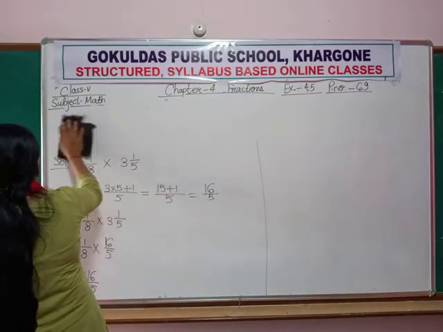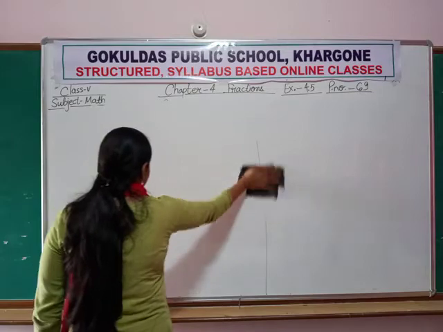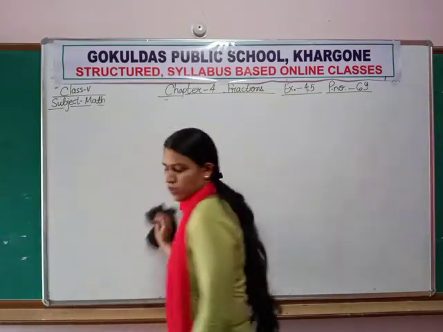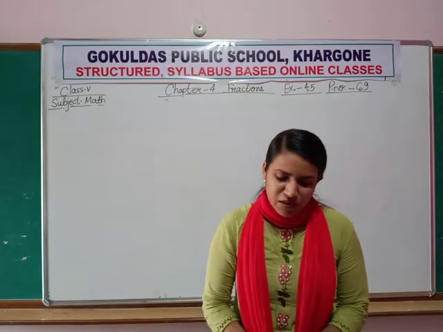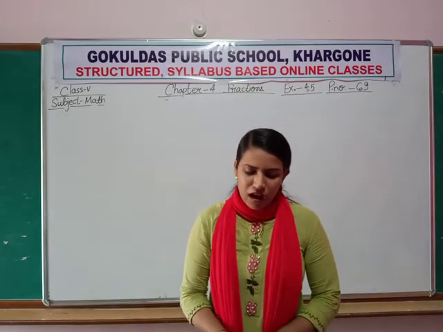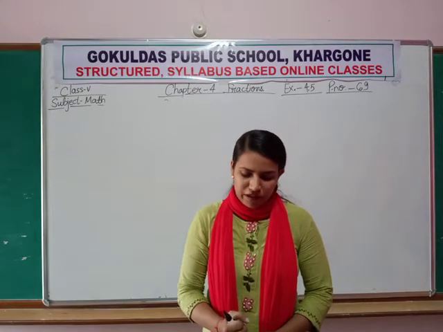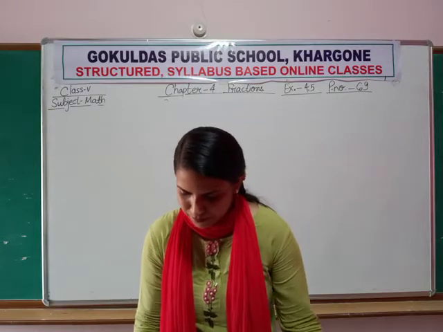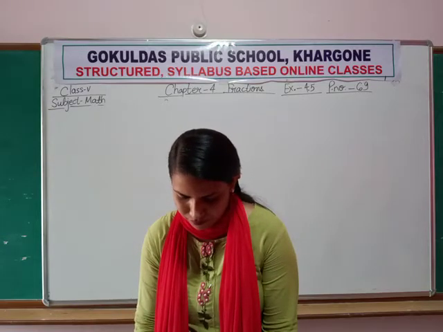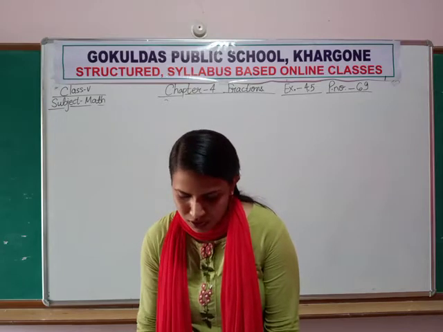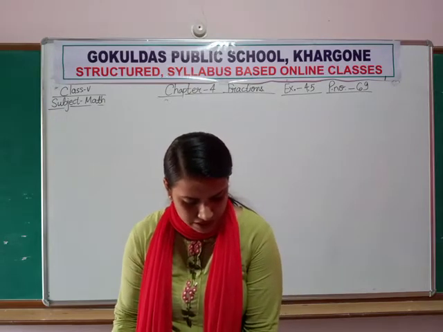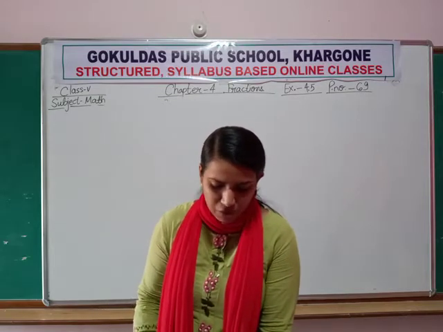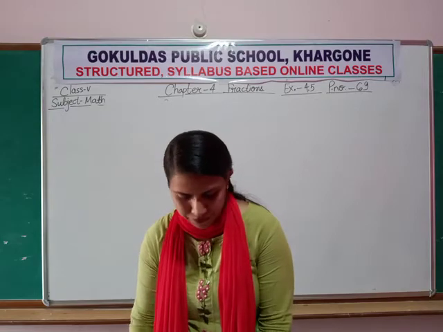Read word problem number 3. Question number 3. The distance between Alka's house and her school is 24 km. She walks 1/6 of the distance and then goes by car with her friend. How much distance does she walk every day?